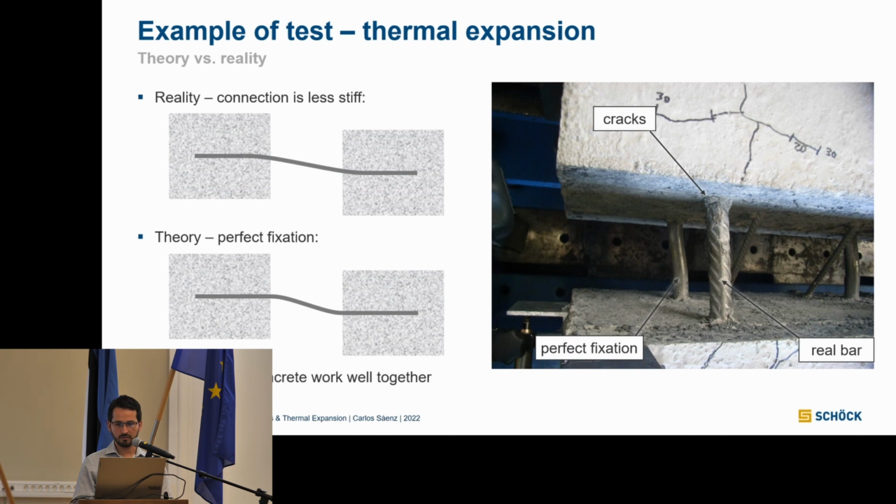Now we have a look at this other example. This is the perfect fixation I was talking about, right? You get to see in the upper and the lower part the perfect S shape, but it's not perfect at all. In real conditions, it's less stiff. So this will create at some point a lot of energy that will be transmitted to my concrete and will create a lot of cracks.